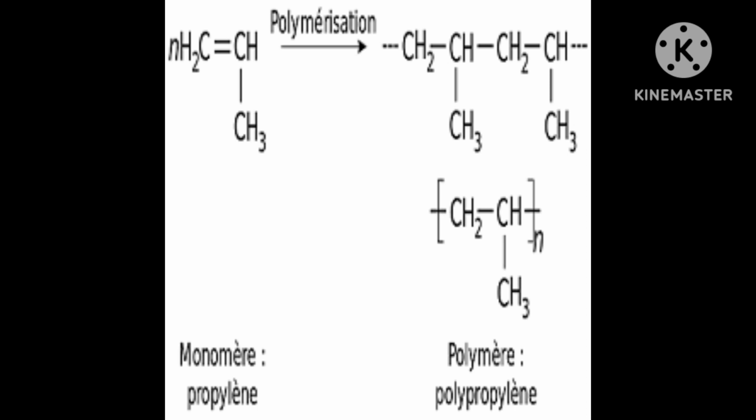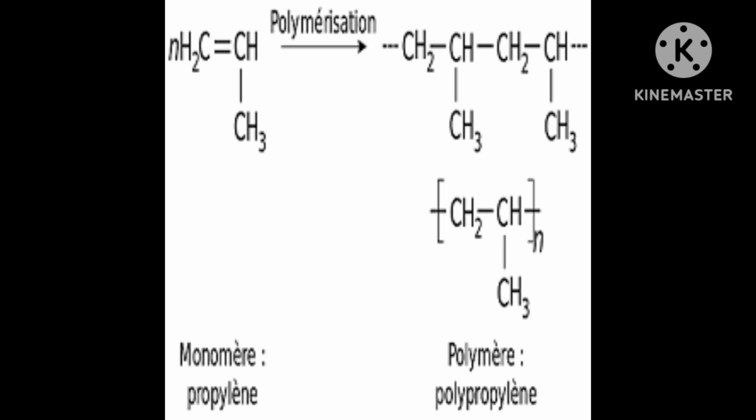Like alkenes, alkynes are also unsaturated hydrocarbons. A triple bond is there, so obviously it will be unsaturated. If one bond breaks, it will become a double bond, that is the ethylene.